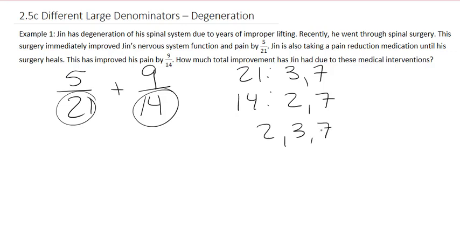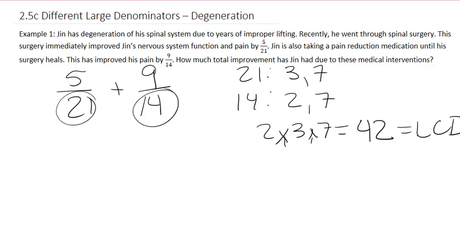Next we look at the exponents, and since there are 2 7s and each of them has the same exponent, we will just write down one of the 7s. So now we can multiply 2 times 3 times 7, which will give us 42. So 42 is our least common denominator.